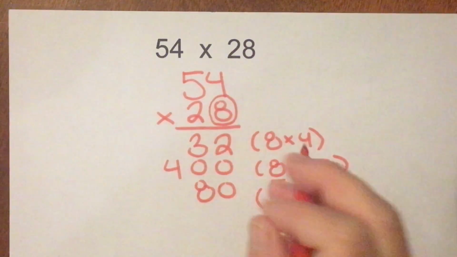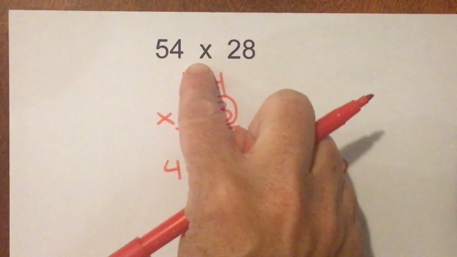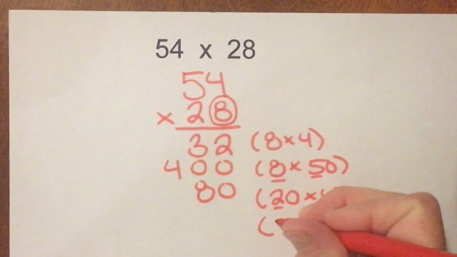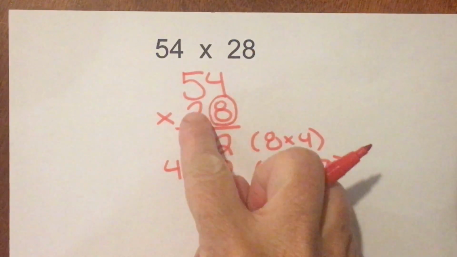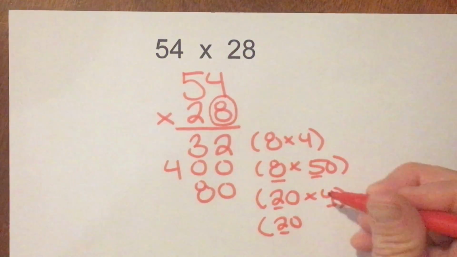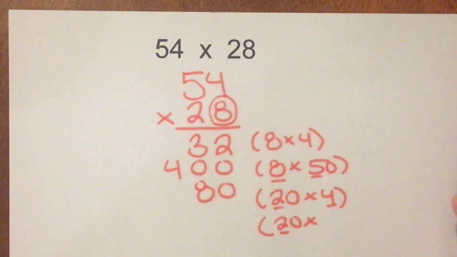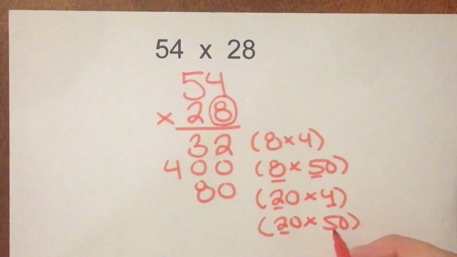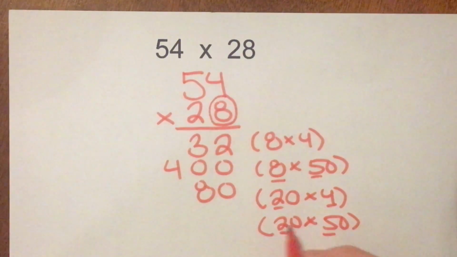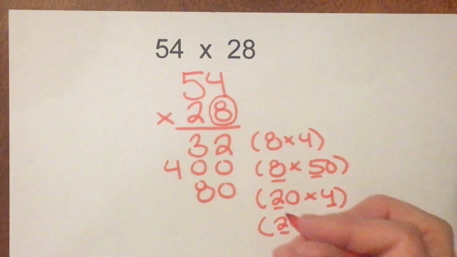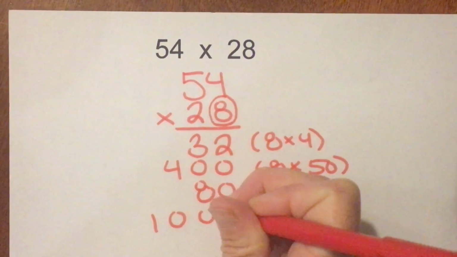Okay, now I did the 2 to the 4, but I need the 2 to the 5. So I have 20, because remember my 2 is really worth a 20, times 5, but that's really worth a 50. So 2 times 5 is 10, and I have to add 2 extra zeros. So I'm going to have 3 zeros.